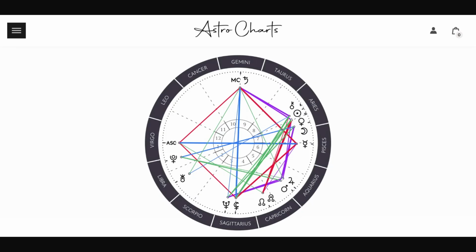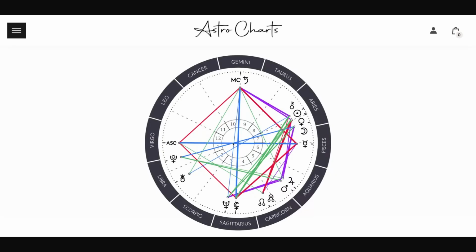Like I said, it's not an exact science and it's not the same for everyone. But from what I've seen thus far, people who have more planets up here are more extroverted. They talk more, they're like a butterfly, sprinkling fairy dust. As you know, I have most of my planets on the top, to the right. So I am a collaborative butterfly, I guess is what I call myself.